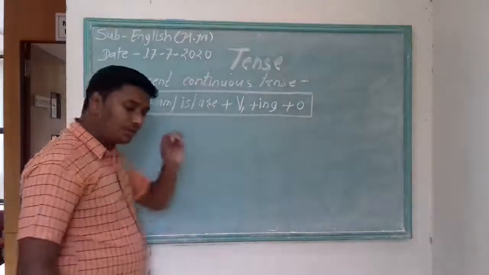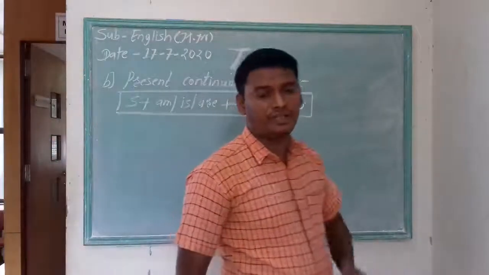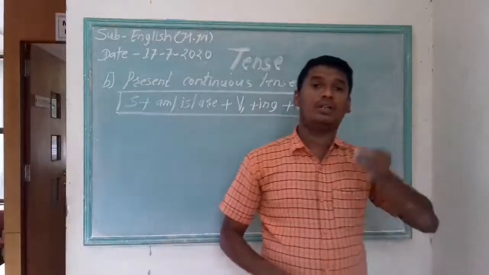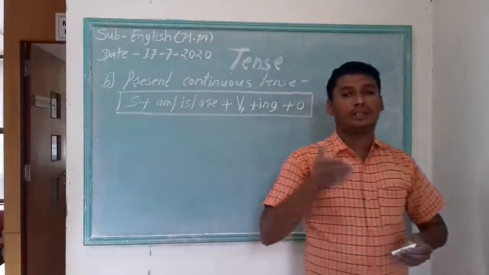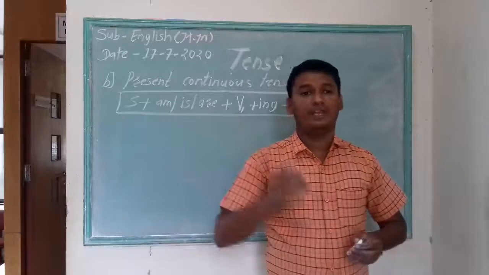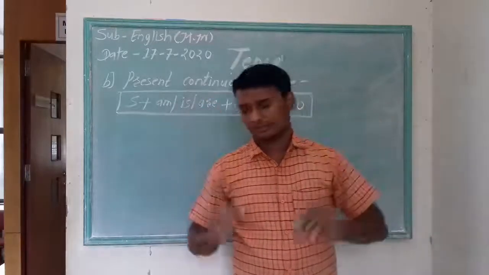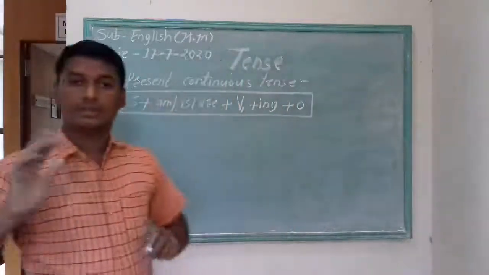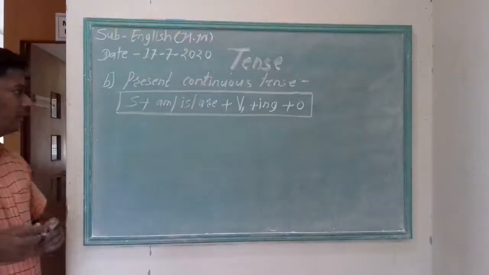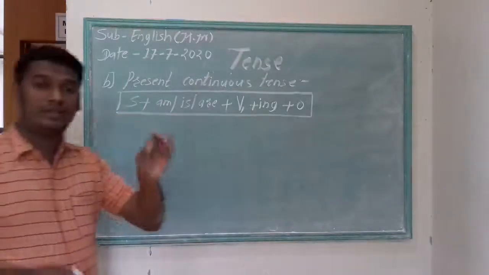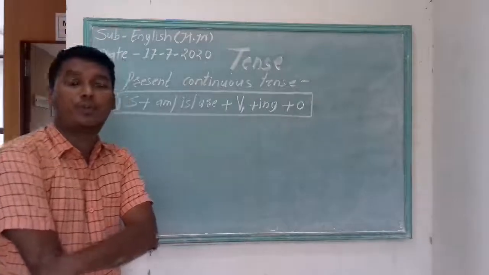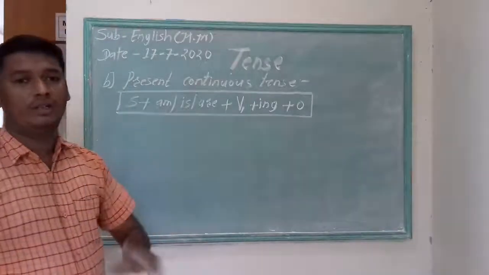Look, this should be known. It is very basic. Some students don't understand when to take is, are and am. They take them according to their own thinking, their own rules. It's not right. We have to take the proper auxiliary after the proper subject.